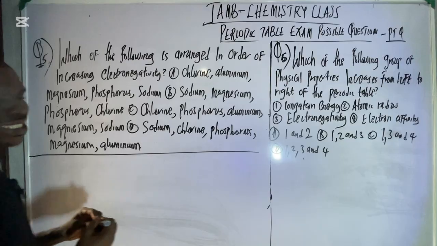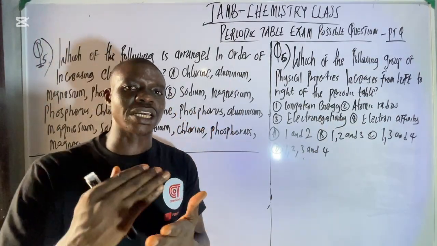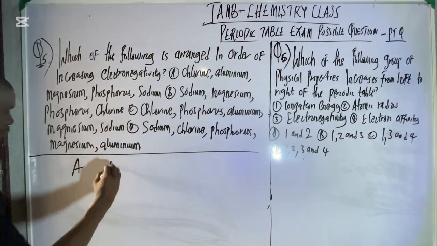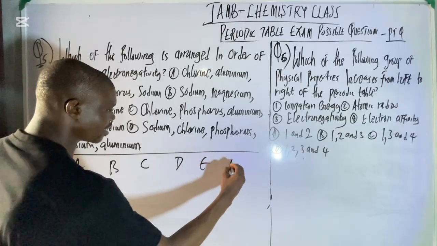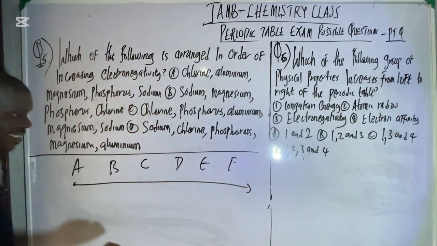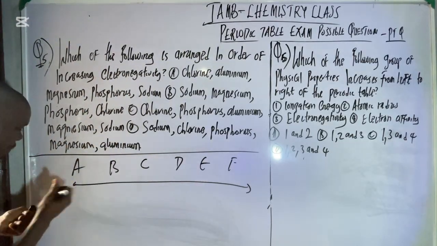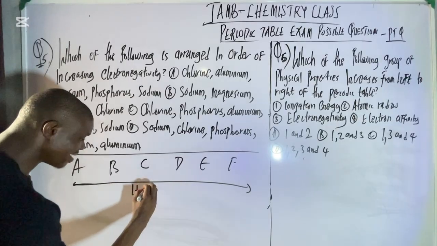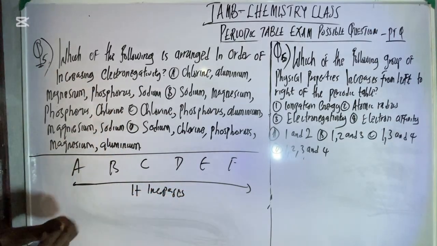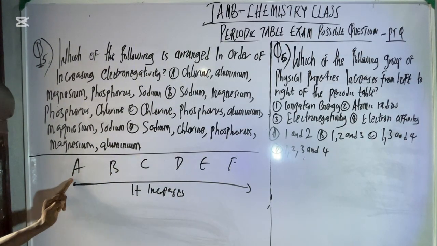Understand that as you move from left to right across the period, the electronegativity tends to increase. So let's say A, B, C, D, E, F. They're on the same period. As you move from here to here, it tends to increase.